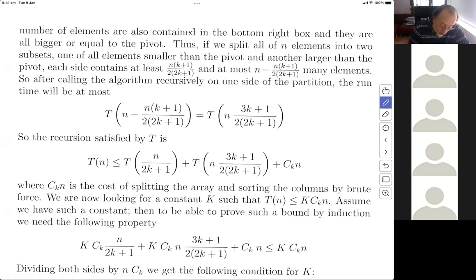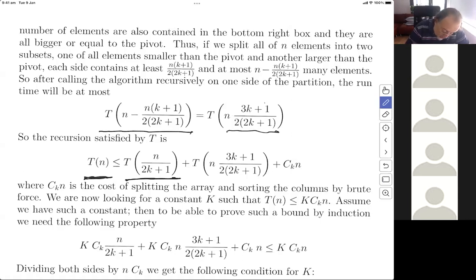So calling recursively the algorithm on one side of the partition will take at most this amount of time. And now you can put this under the common denominator, and you get that this is exactly this fraction here, n times 3k plus 1 divided by 2 times 2k plus 1. So the total runtime of our algorithm for n elements is smaller or equal than the runtime of our algorithm for n divided by 2k plus 1 many elements.